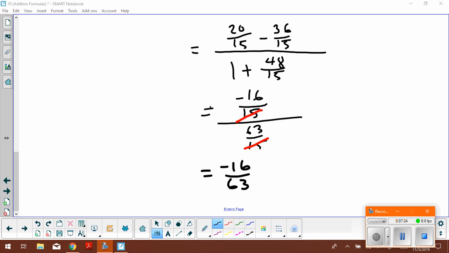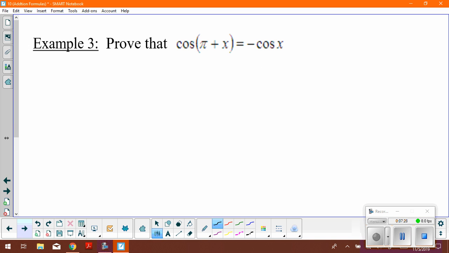Our other example, this one is actually going to be a little bit briefer compared to that one. Okay, we're going to use the addition formulas we learned to verify, or prove, but really verify, one of our related angle identities from a couple days ago. So cos of pi plus x equals cosine of minus x.